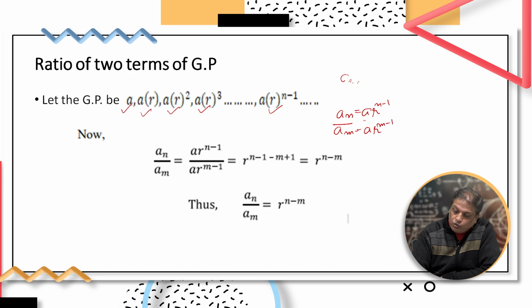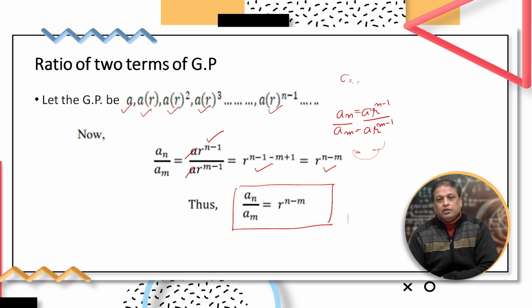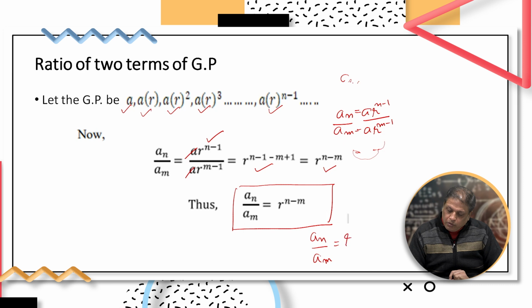By solving the expression, a will be cancelled out. Taking the numerator to the denominator and adjusting the exponents, you will find that r to the power n minus m is the ratio of the two terms in geometric progression. So, an by am is equal to the common ratio to the power of n minus m.